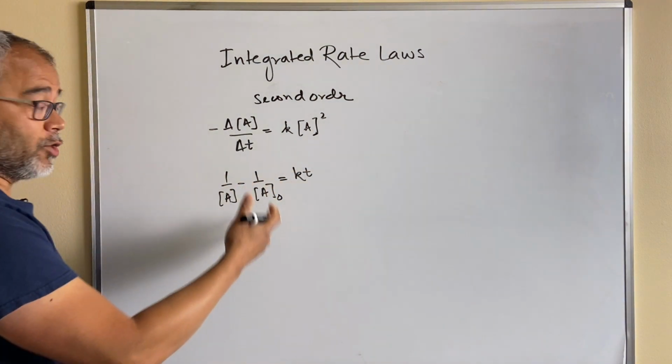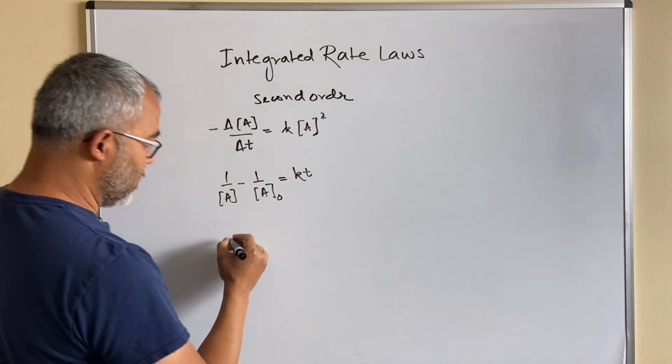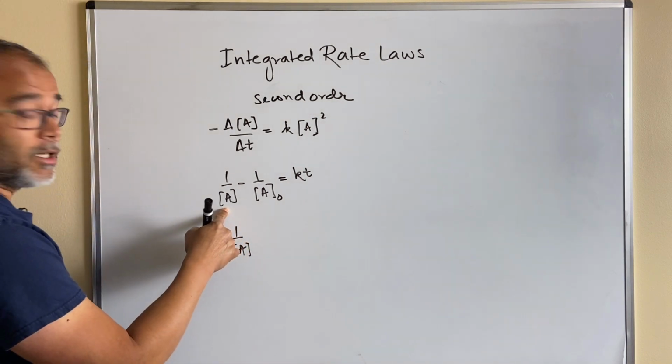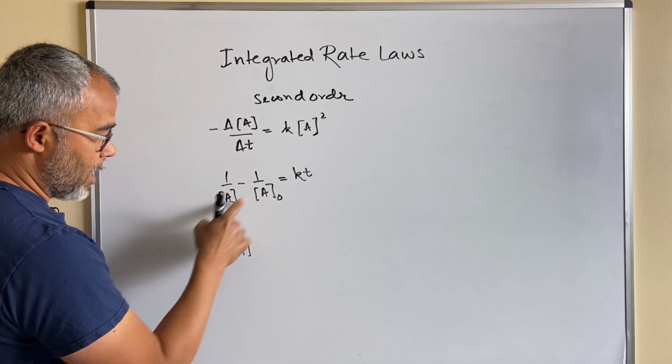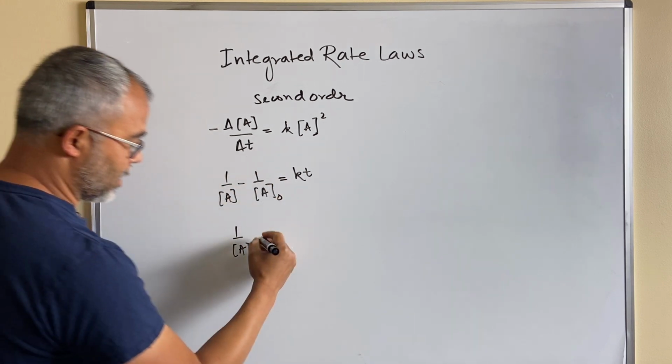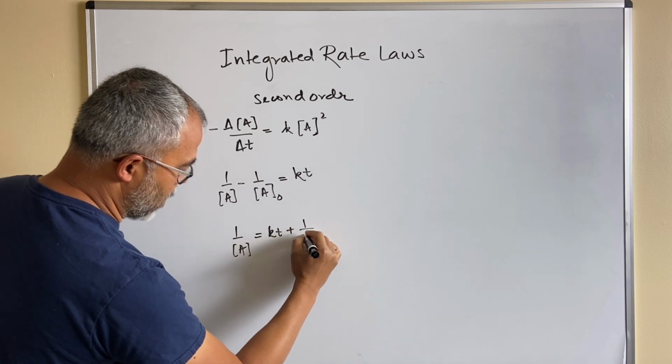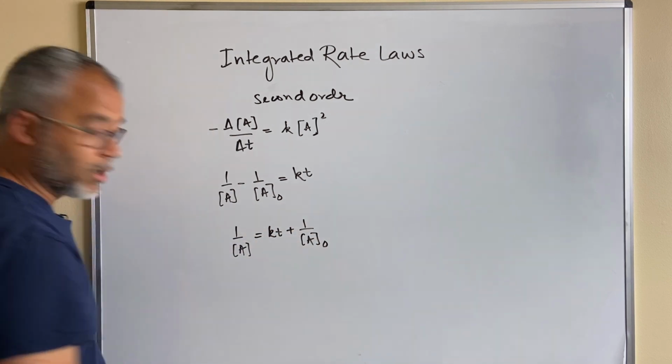Let's rearrange to mimic the form of a straight line. So we'd get 1 over A, remember, the A term is always the y, and then we take this, that becomes the y-intercept, so we put that on the other side, so that becomes kt plus 1 over A naught, okay?